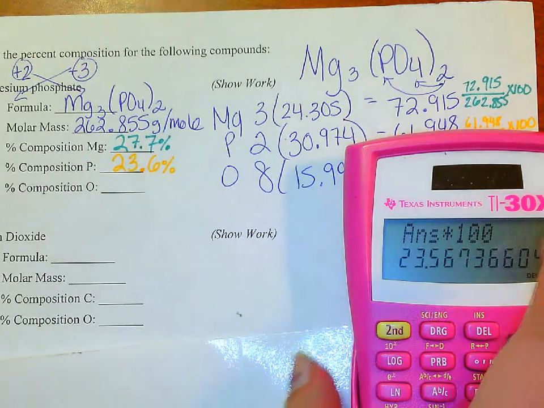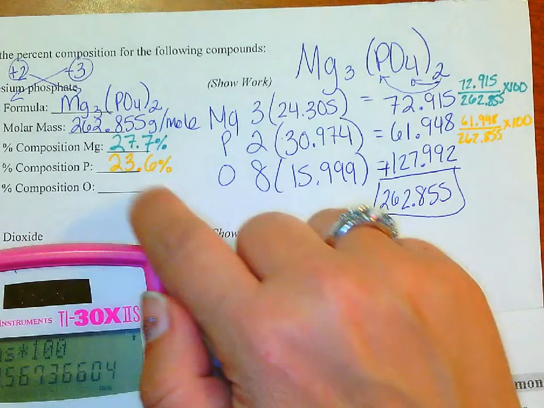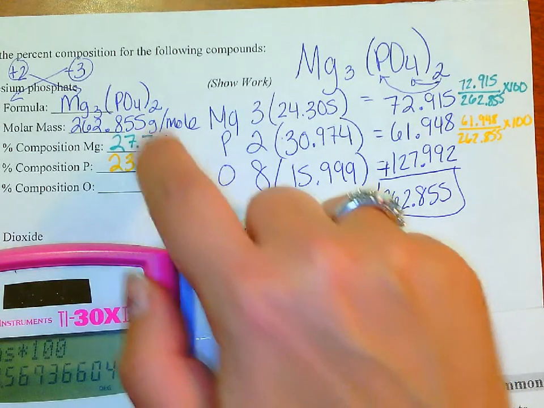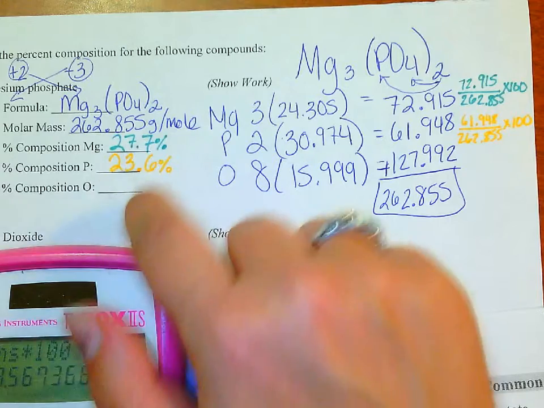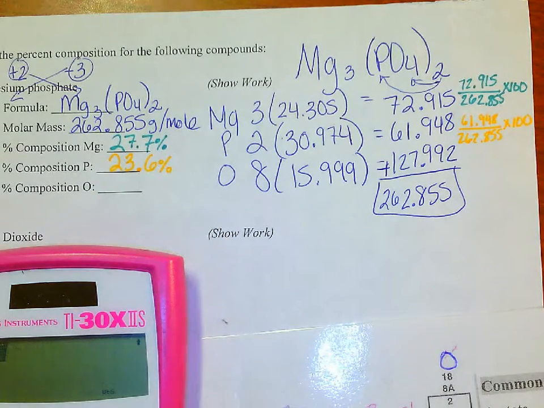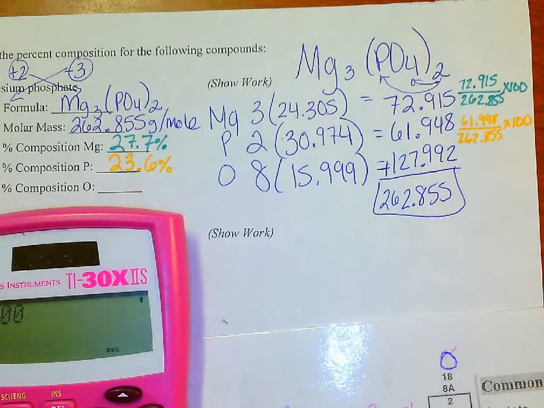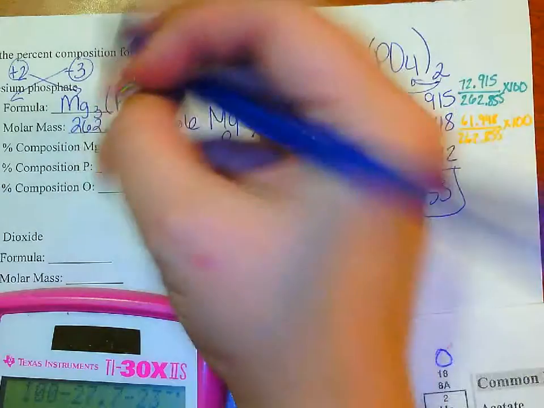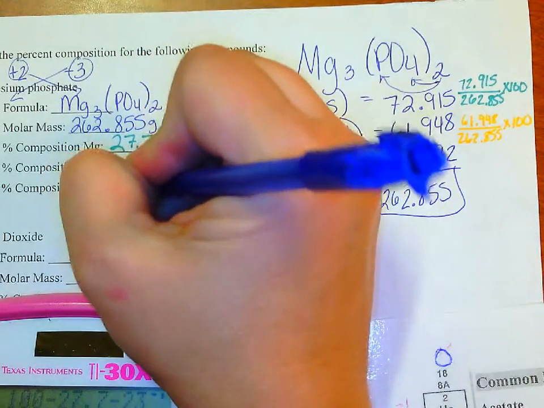Now, if you're real confident and you get a little cocky, some people just do 100 minus these two percentages and they can calculate the oxygen that way. Meaning they would have said 100 minus 27.7 minus 23.6, and your answer would be 48.7%.